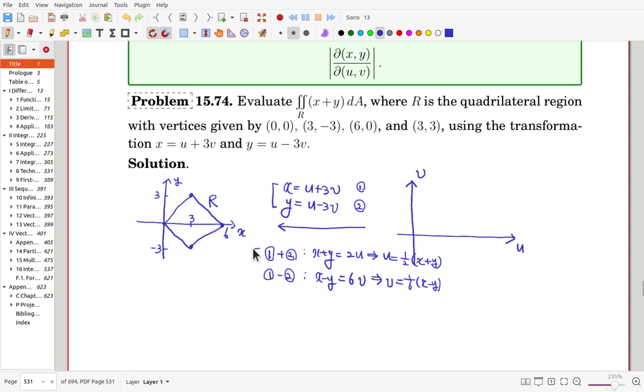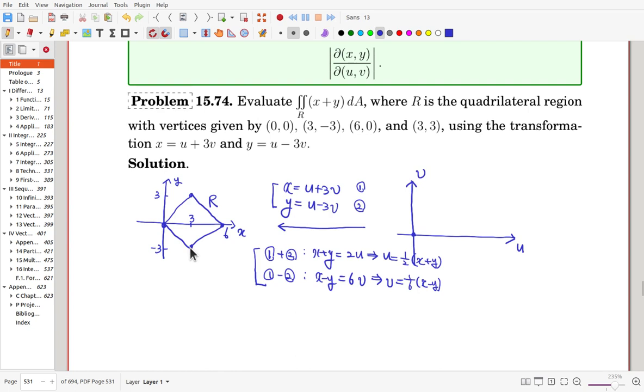Now, the reason we are solving for u and v from these equations is to recognize the predomain, okay? This point is 0, 0. When x and y are 0, then the image under this inverse transformation is this one.